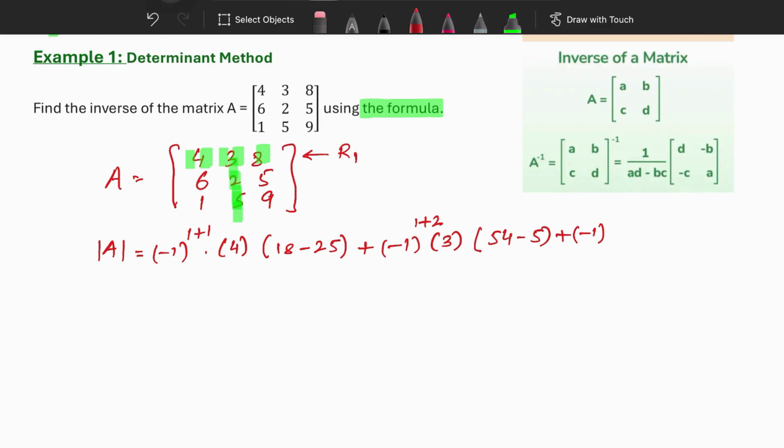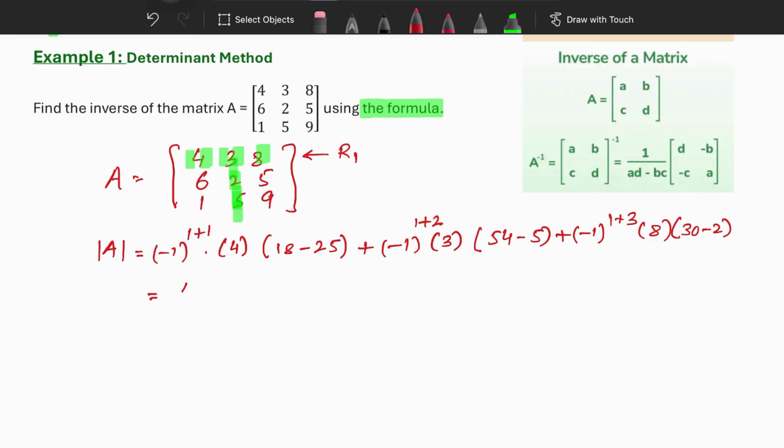and plus the last entry in the first row, which is 8, so that's negative 1 power 1 plus 3, first row third column, into, now because we have to leave the first row third column, it's 6 times 5 is 30 minus 2.